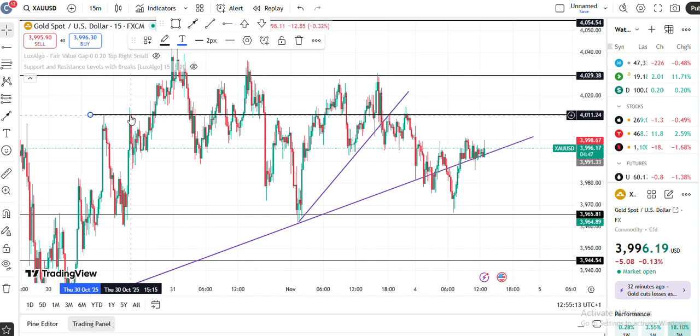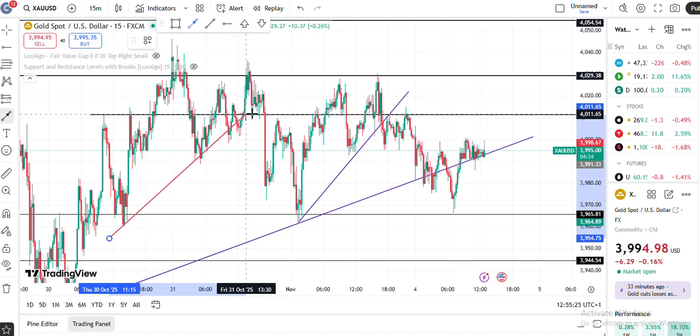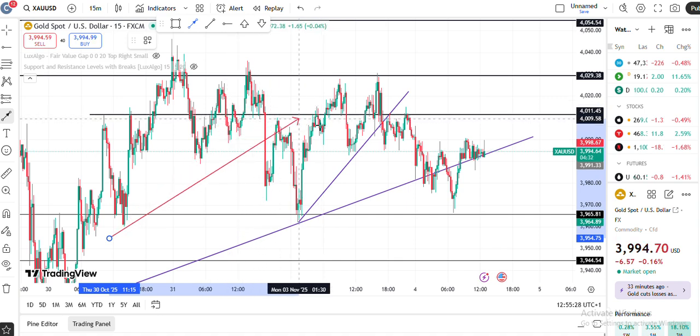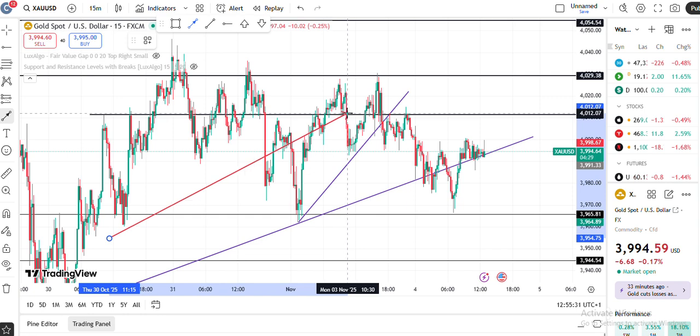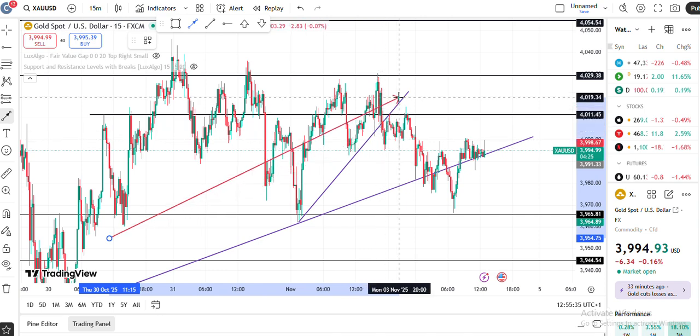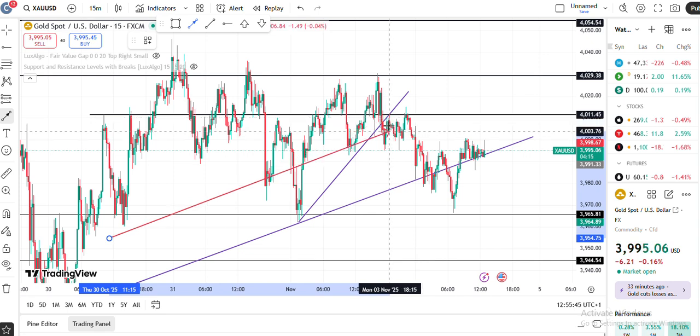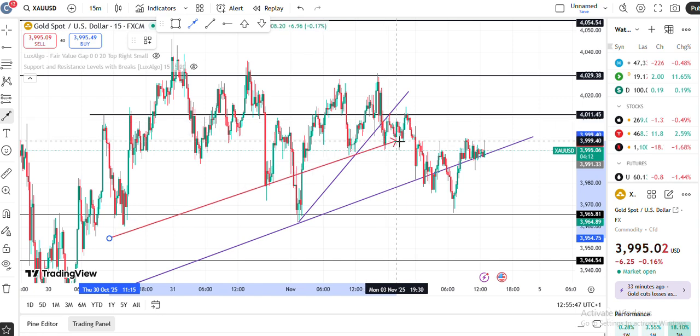If you see this line that I just introduced here, you would see that we have multiple touch points. And so when price broke below here, this trend line was coinciding with a key level or a resistance. So you have two factors resisting price, increasing the probability of success for your trade.